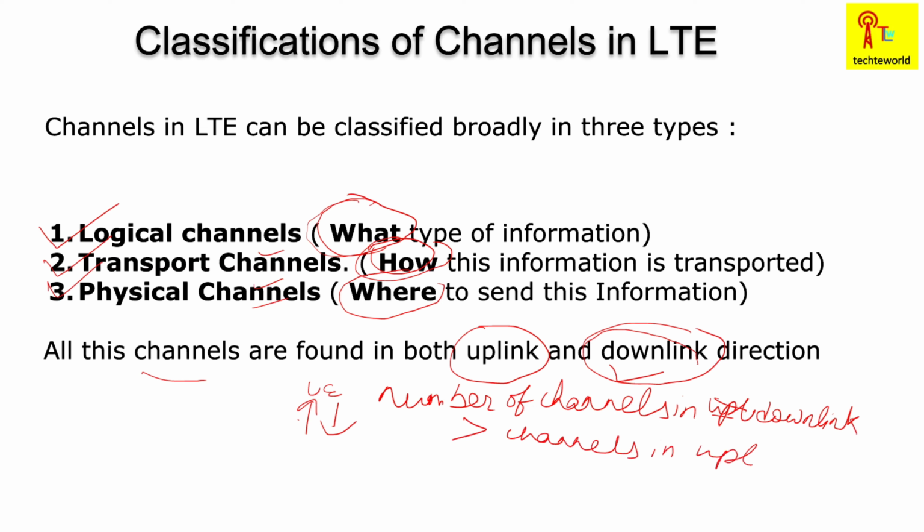I will show you in the diagram to prove this point, that the number of channels present in downlink is more than in uplink. Keep this in mind. The reason is simple: most of the time our UE downloads as compared to uploads, so more channels are required in downlink.